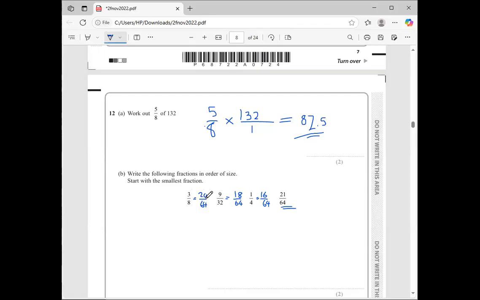So, can you see that it's easier now to know which one is the biggest and which one is the smallest? Yes. So let's arrange it, starting with the smallest. The smallest by all measure is 16, so I'm going to write 1/4 right here, comma. Next is 18, so I'm going to write 9/32.